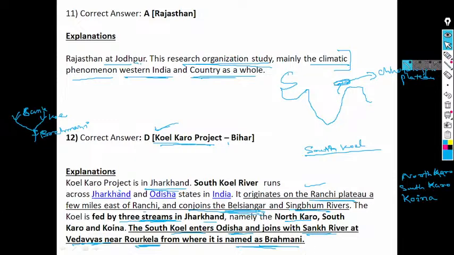Particularly the Brahmani river: Rourkela steel plant is basically on the river Brahmani. Mandira Dam is on this river.